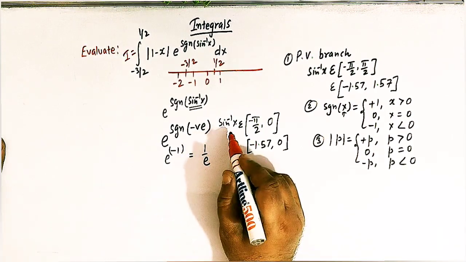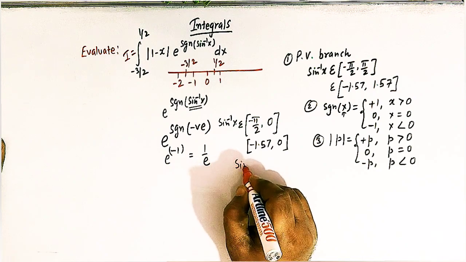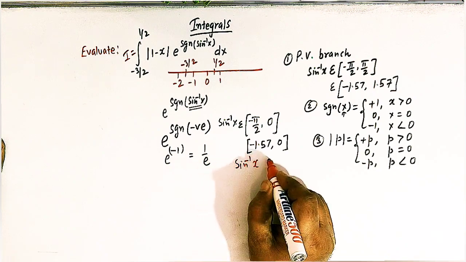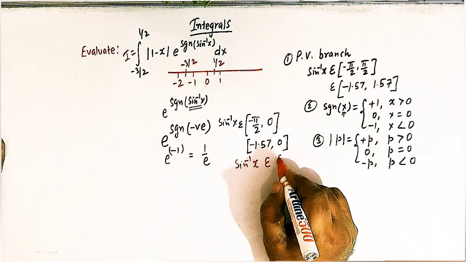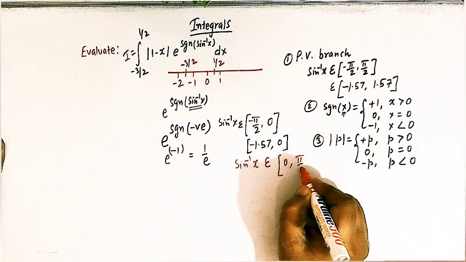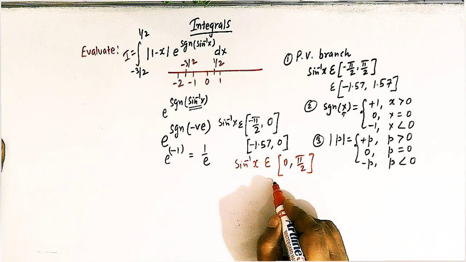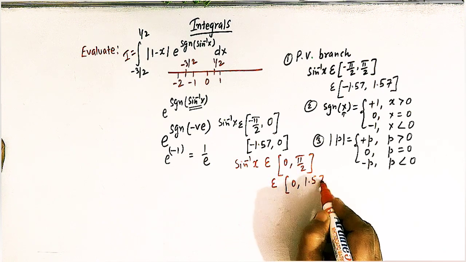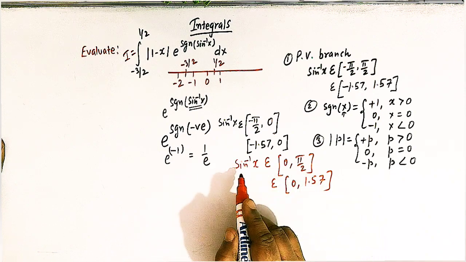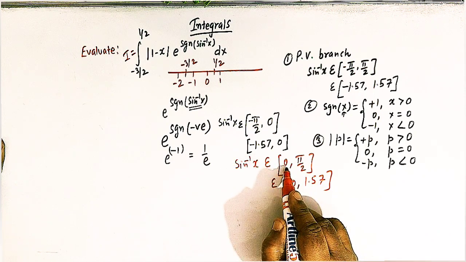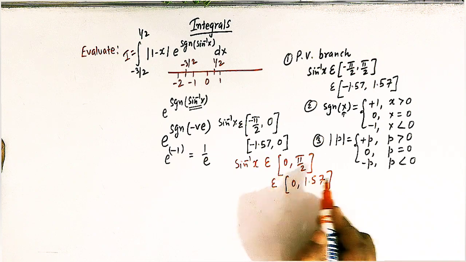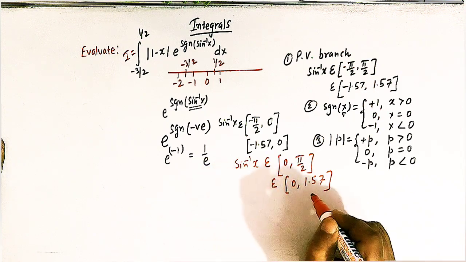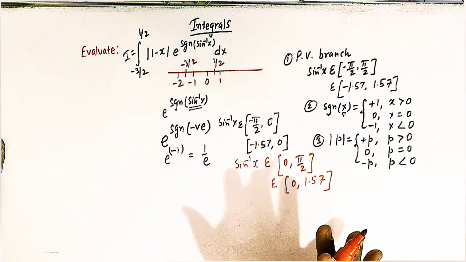So now let us consider the interval when sine inverse x belongs to 0 to pi by 2, which is the same as 0 to 1.57, right? Whenever sine inverse x belongs to this interval, it means sine inverse x takes positive values.